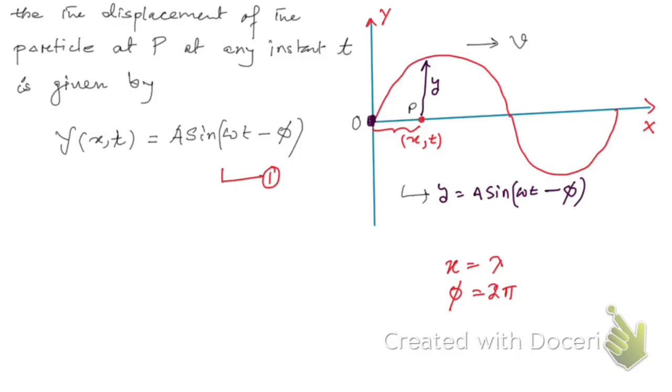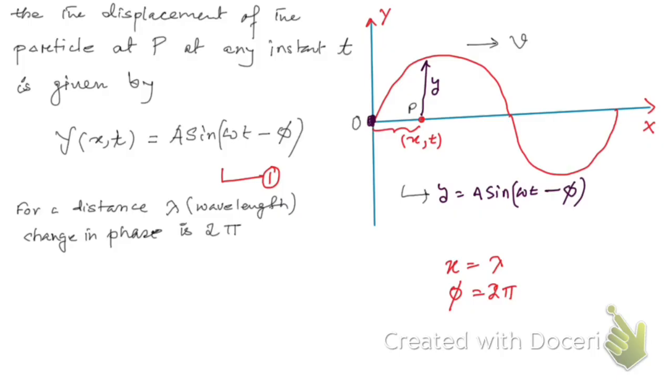So for a distance equal to lambda, that is wavelength, change in phase is 2 pi, right?